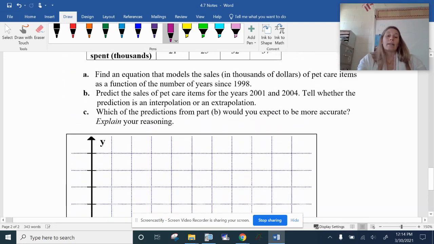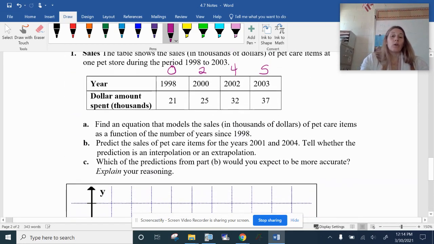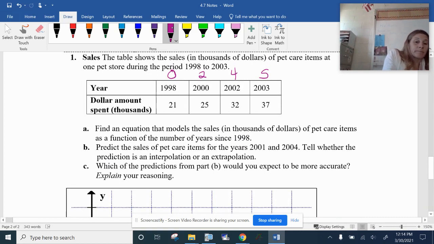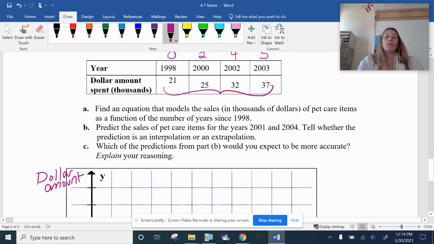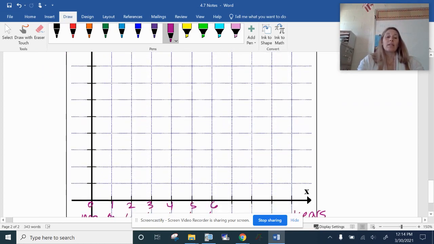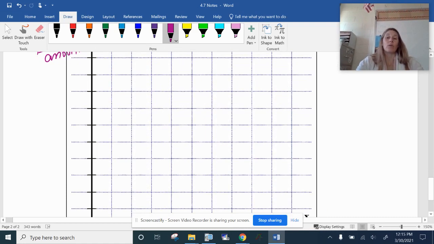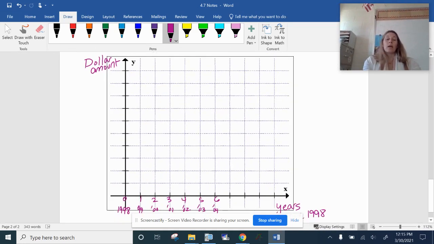Now the y-axis here is going to represent the dollar amount spent on these pet supplies. And you see our range is going from 21 to 37. I need to make sure I can fit all those numbers on my y-axis, but clearly I cannot go by ones because I will run out of space before I even get to 21.